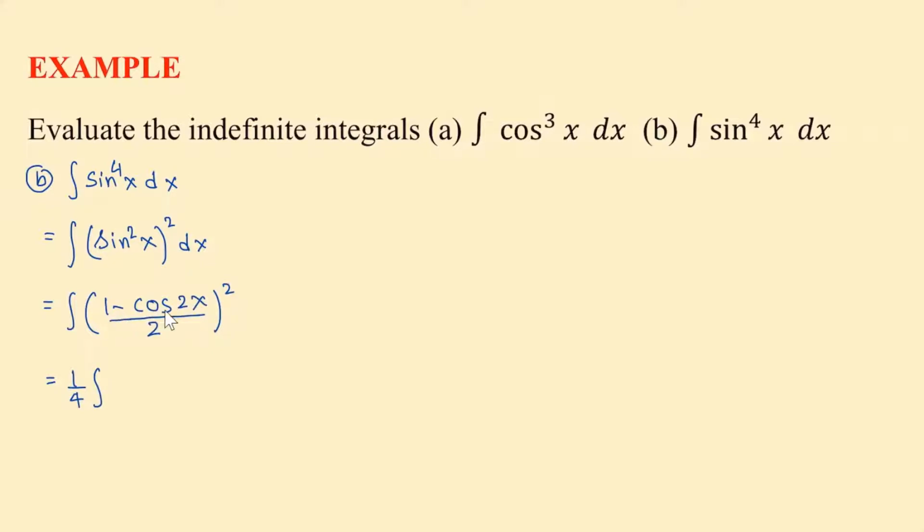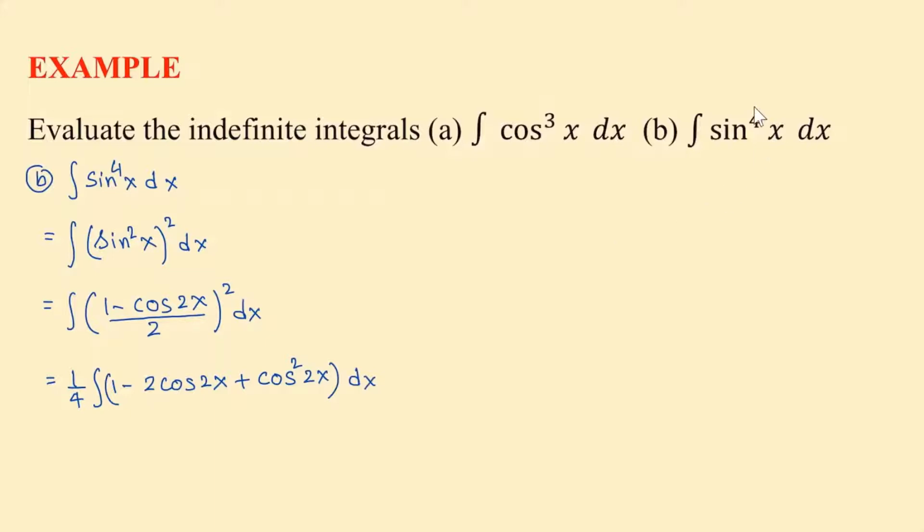That is 1 minus cosine 2x times 1 minus cosine 2x. If you FOIL that, it will be 1 minus 2 cosine 2x plus cosine squared 2x. We are integrating with respect to x, so that dx will follow along.